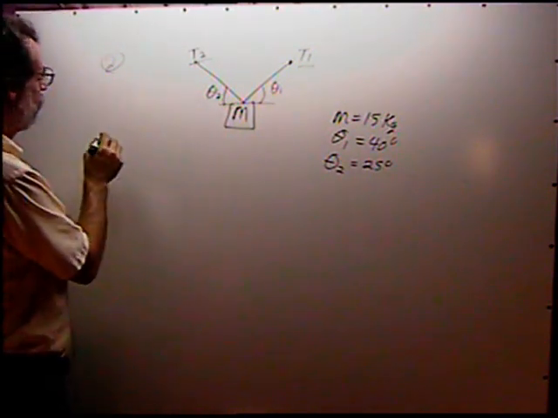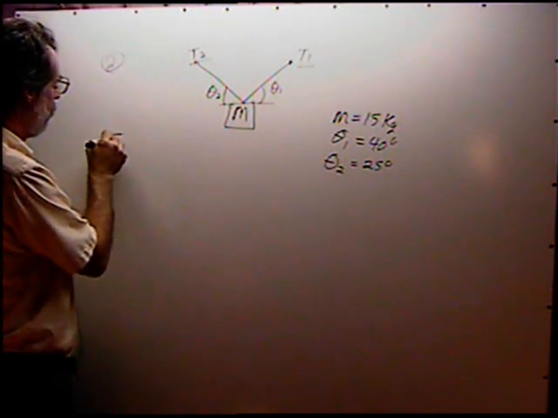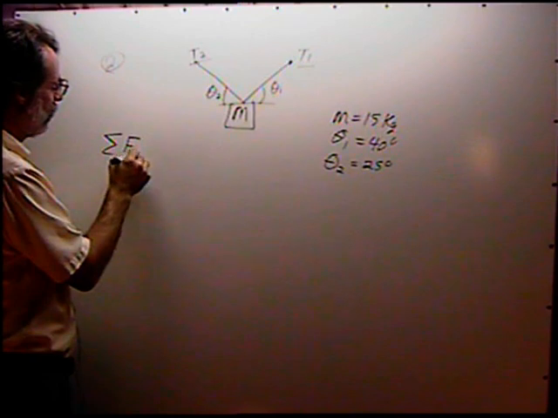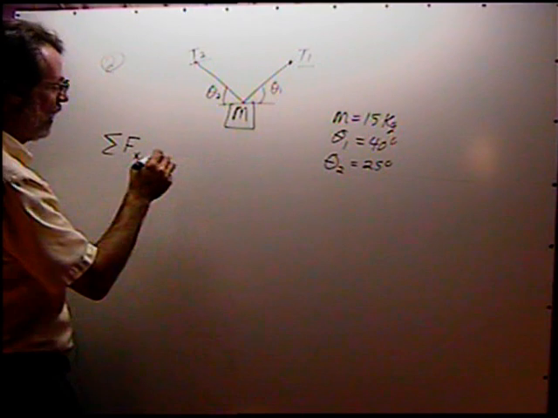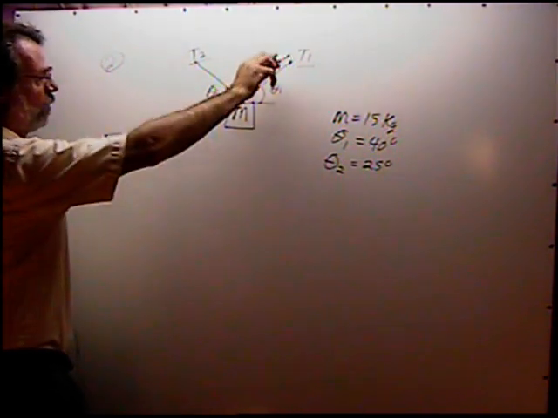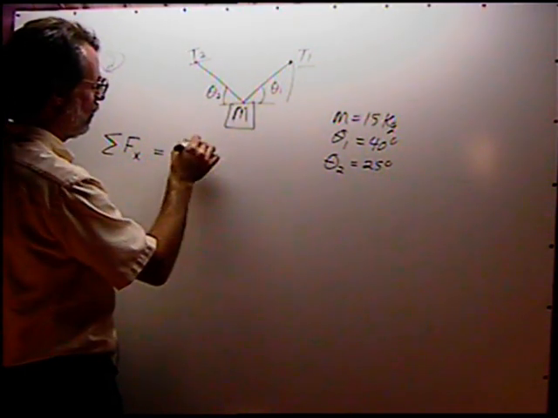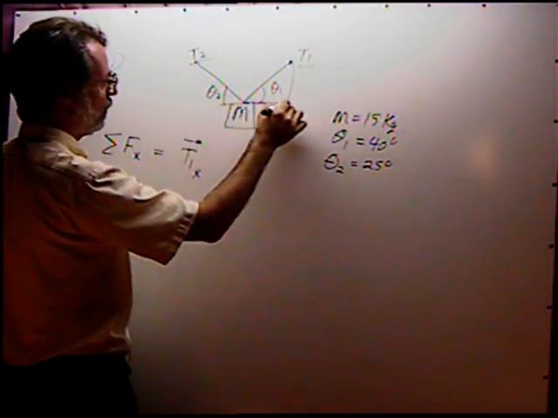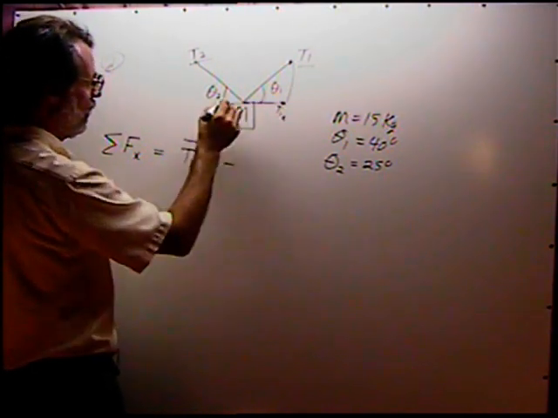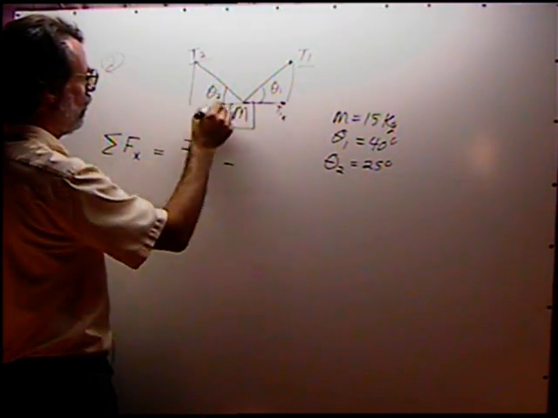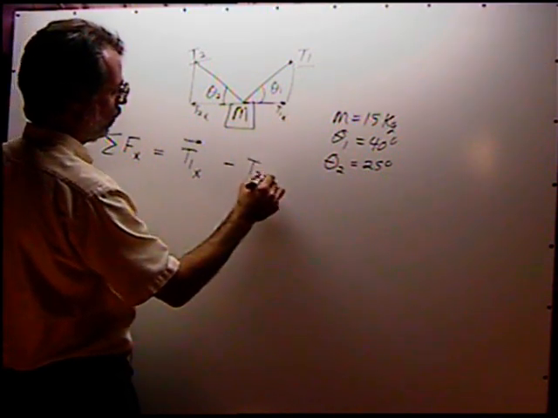Well, first of all, do you remember from the lecture, we can look at the sum of the forces in the x and then the sum of the forces in the y. The sum of the forces in the x dimension will be T1x, acting to the right, minus T2x, which is acting to the left.